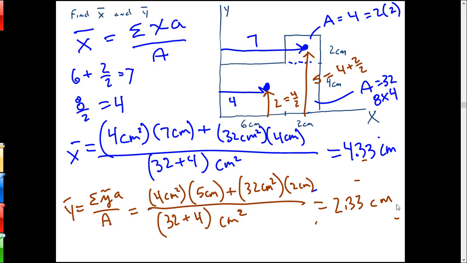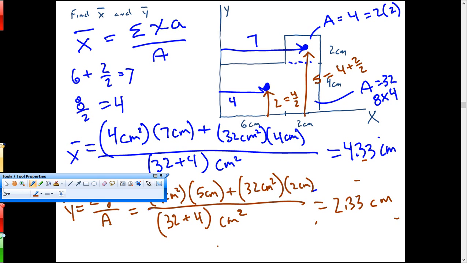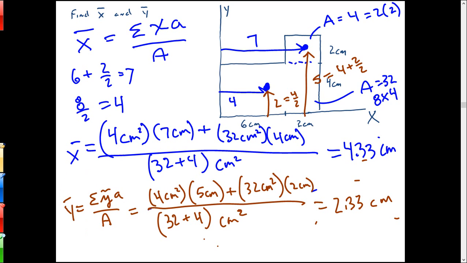Everybody okay with that? And the Y bar is the distance to the center of gravity? Is that what this is? Yes, yeah. So what we just figured out is that the center of gravity is right here. So it's 4.33 coming over that way and 2.33 coming up.